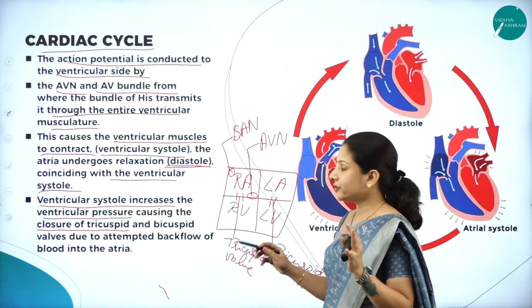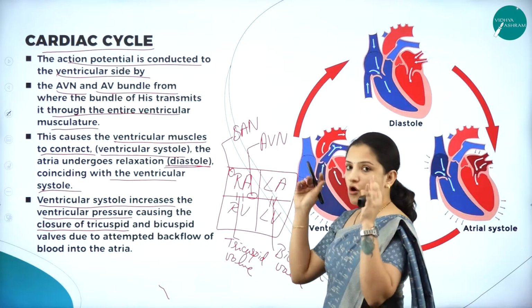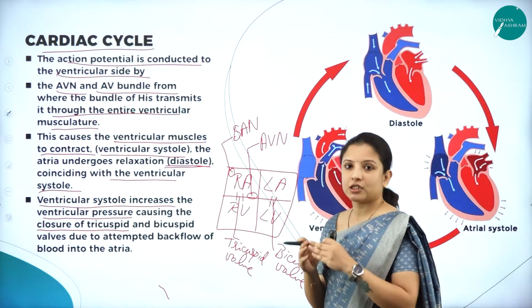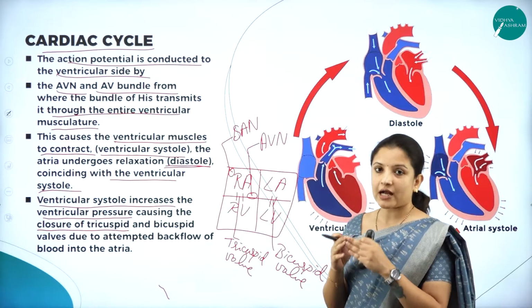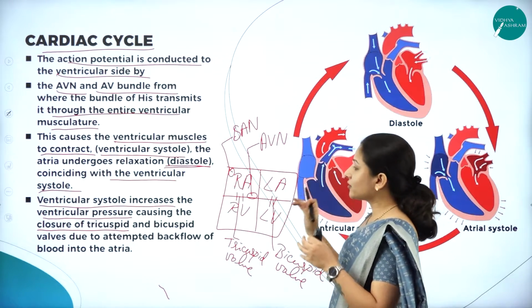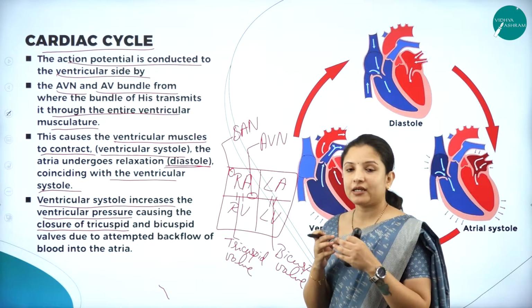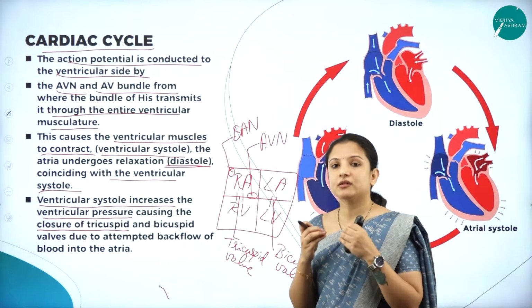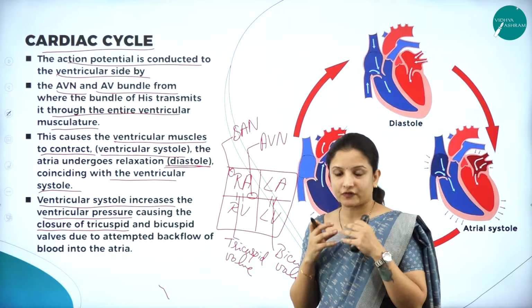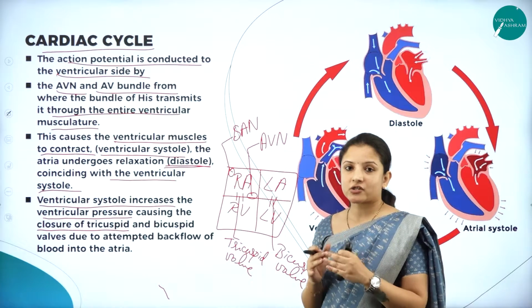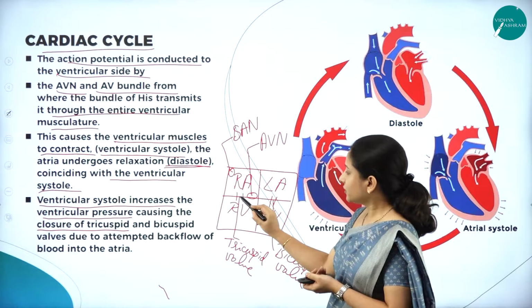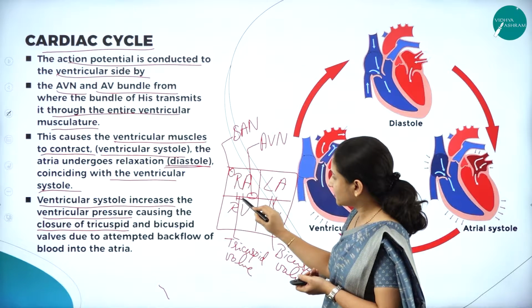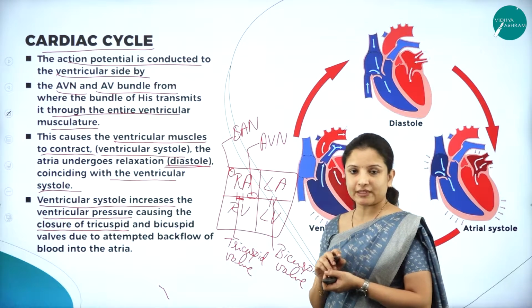So what did I tell you here? As and when the contraction in the right ventricle and the left ventricle, the two lower chambers of the heart, increases, a pressure gets built up in the ventricular chambers, and this pressure causes the closure of the tricuspid valve. There is a small flap-like structure, a valve, that is present.